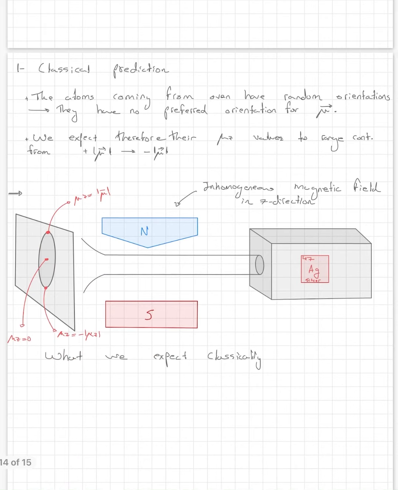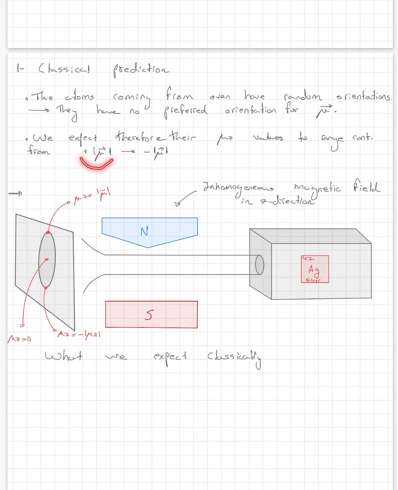So here's our classical prediction. The atoms that are coming from the oven don't have any specific preferred orientation. They have random orientations. So therefore, their magnetic moment can point in any direction. And so their Z component of the magnetic moment can have values which range from plus mu to minus mu.